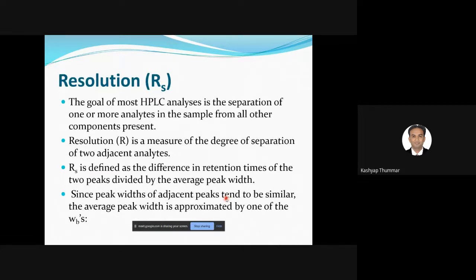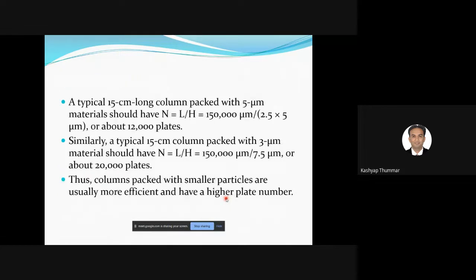Then resolution. Even nowadays, particle size is coming with 1.8 micron or 1.7 micron from different vendors. If you calculate the same column having 1.7 or 1.8 micron particles, the plate number is almost 40,000 plates.